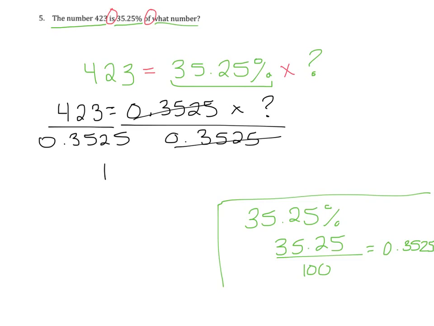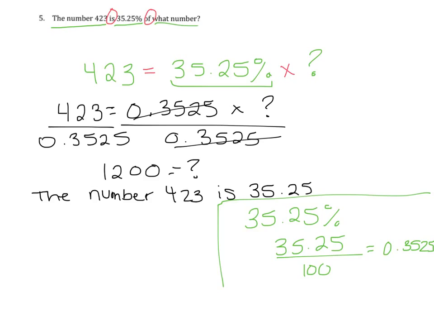Therefore, the missing value is 1200. And I can write the complete sentence. The number 423 is 35.25% of 1200.